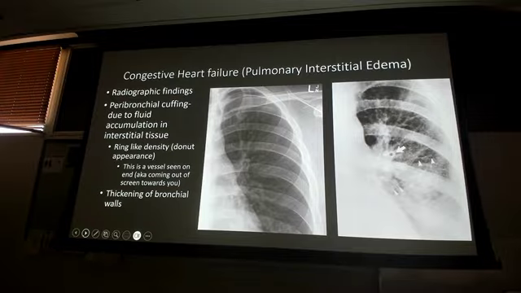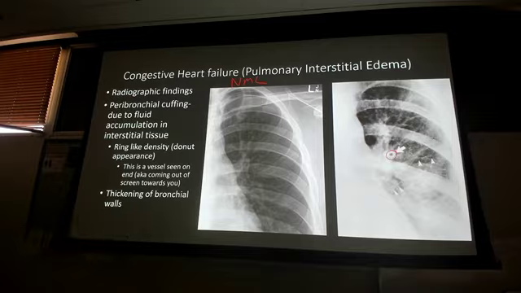Now let's go on to something we are going to see. Peribronchial cuffing. Okay. Here's my normal, where we see all the lung markings, the vasculature lines, right? We can't see the bronchioles. But then here, I can see my bronchial, okay?